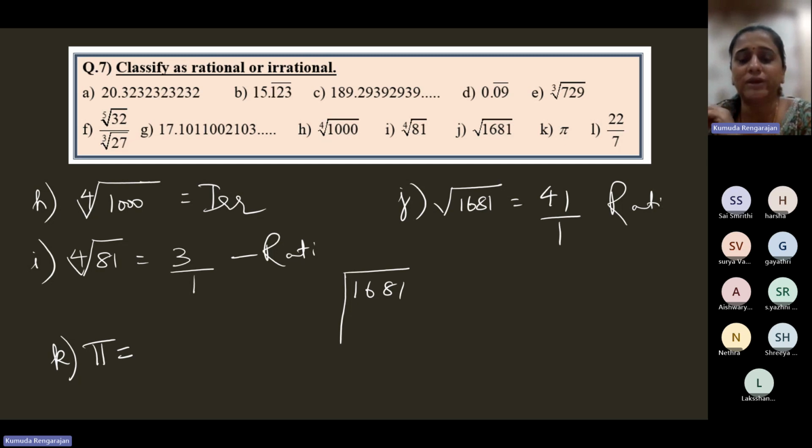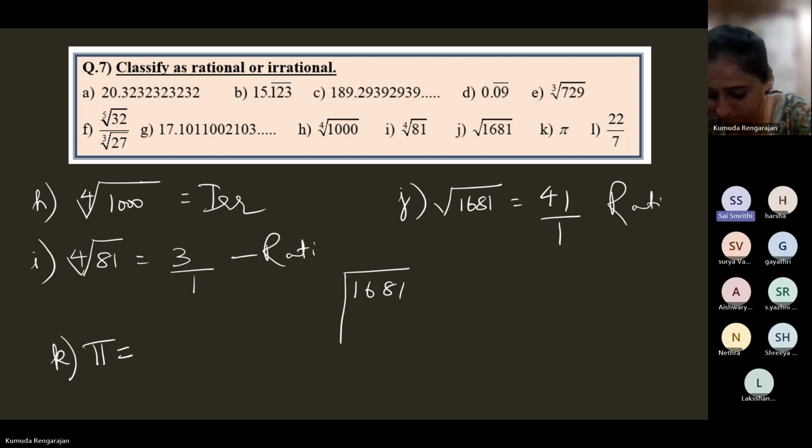Pi is irrational because it has a non-terminating, non-repeating decimal expansion. That's the reason. 22 by 7? Rational number, because it has an integer by integer form. Very good.